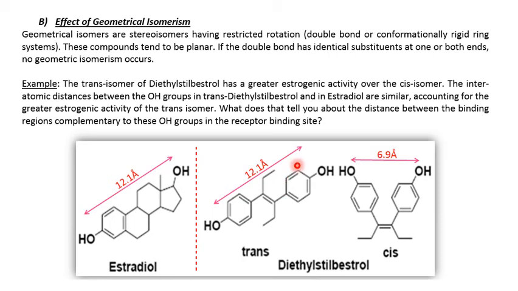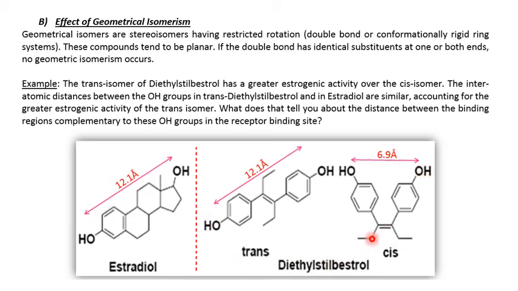Now, after knowing that the trans isomer is active while the cis isomer is not active, we look at the distance between the OH groups here in the trans, and we find that it is equivalent to the distance between the OH groups in estradiol, while the distance here is not equal to the distance in estradiol.